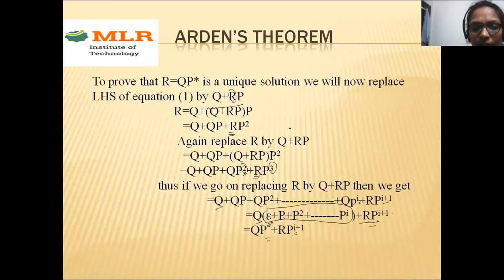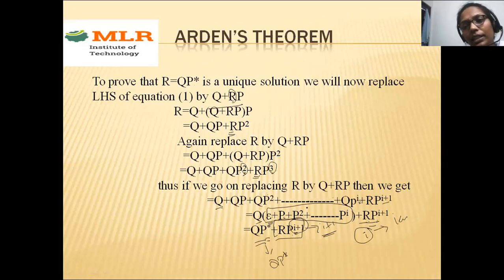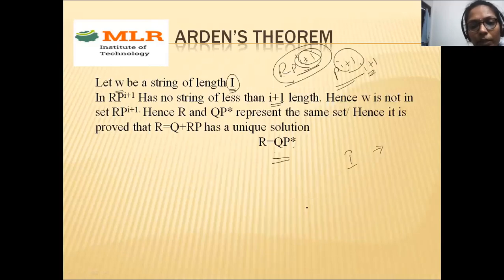So for these I-length strings, what expression can I get? Only QP star. QP star I am taking as it is, and this I'm not taking, because the power itself is I plus 1. What I need here is only I-length strings. If the power is I plus 1, obviously I'll get a length more than I plus 1. That's why I'm ignoring that. So what is the final expression you're getting? R is equal to QP star.